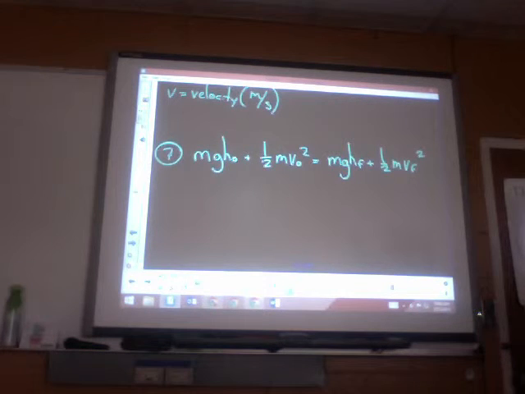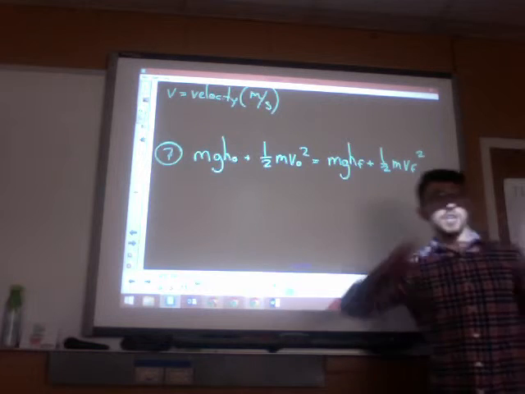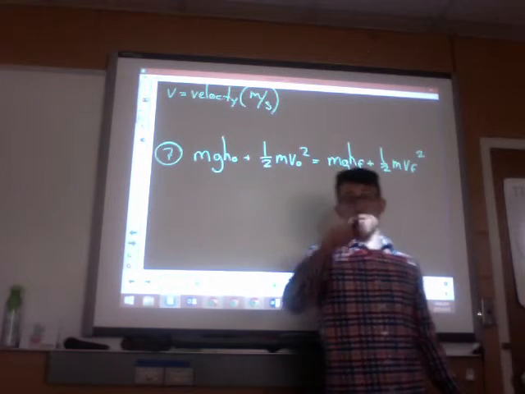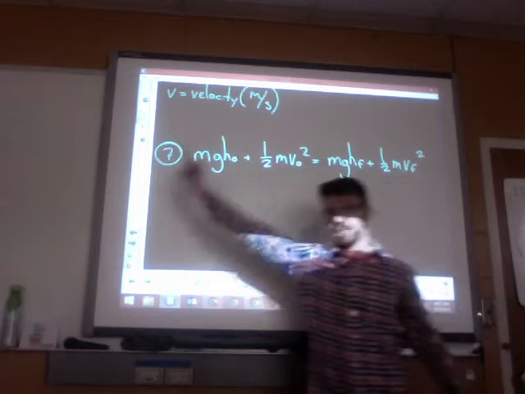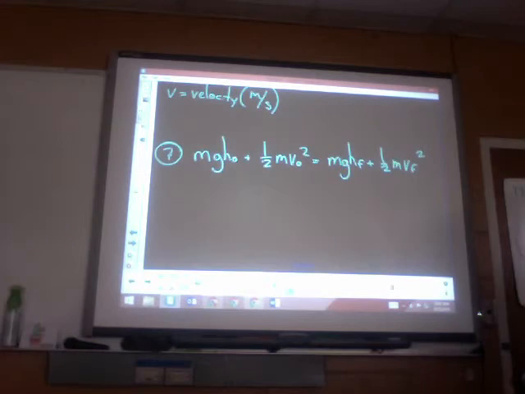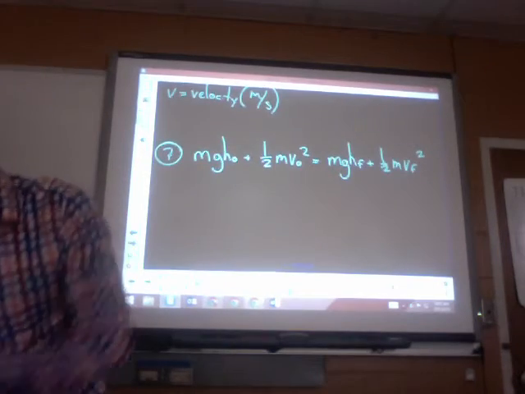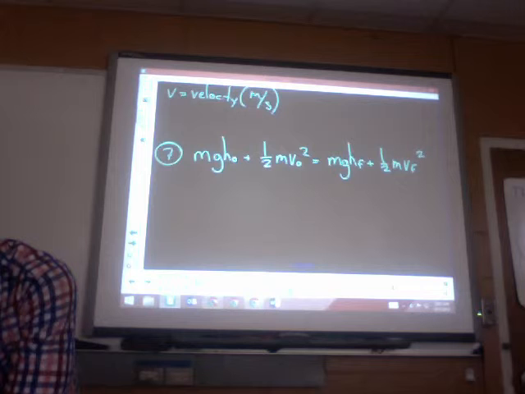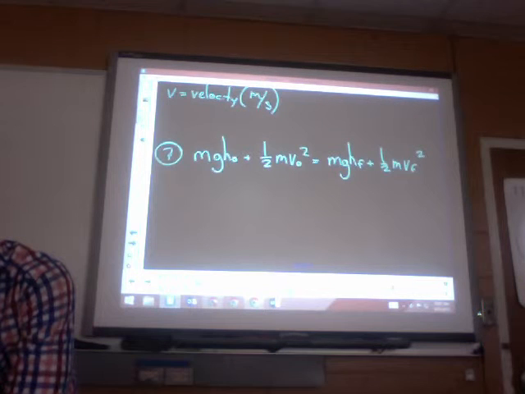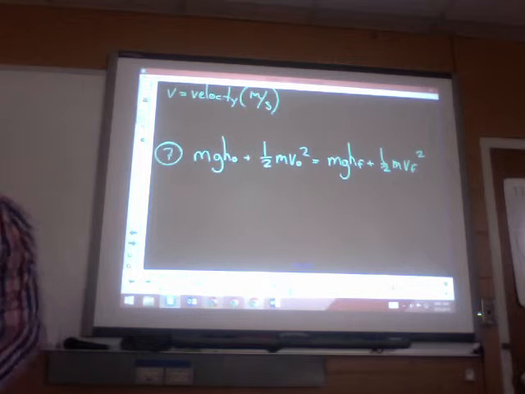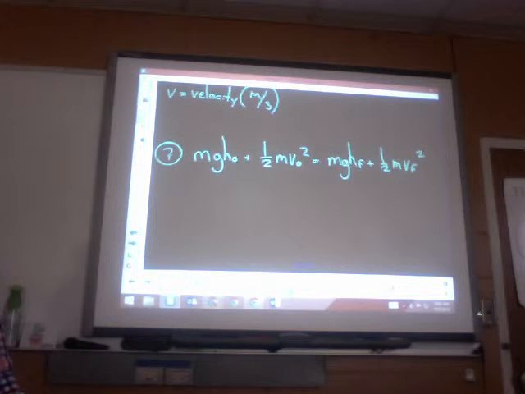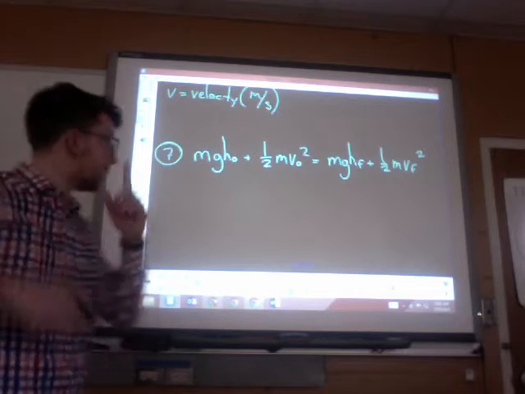Okay. So if they say use the conservation of energy, which they're going to do on all 3 of these problems, you start with that. Now we can plug in everything else that they tell us. It's going to be tricky, but let's see what they gave us. Number 7: a 12 kilogram hammer is dropped from a height of 2. So where's that 2 going to go? Initial height, and 12, 9.8. What about the initial velocity if it's dropped? 0.